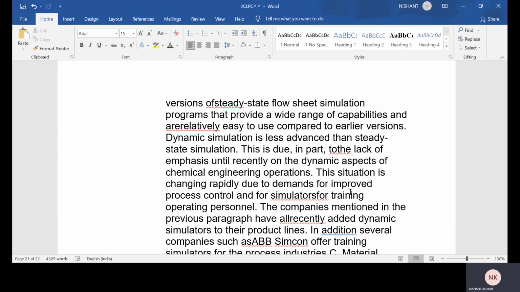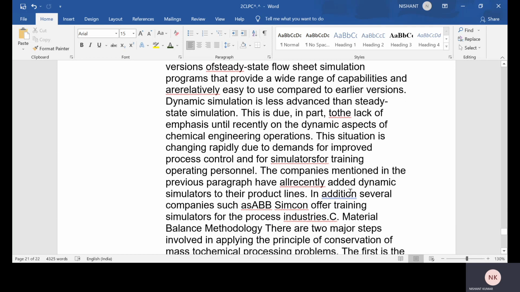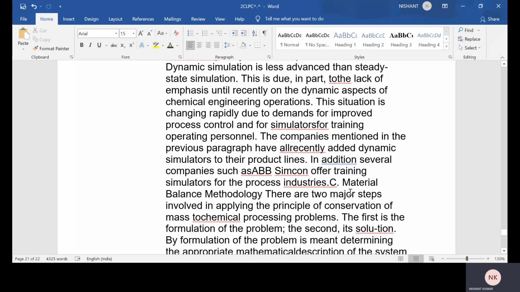Dynamic simulation is less advanced than steady state simulation. This is due in part to the lack of emphasis until recently on the dynamic aspects of chemical engineering operations. The situation is changing rapidly due to demands for improved process control and for simulation for training operating personnel.